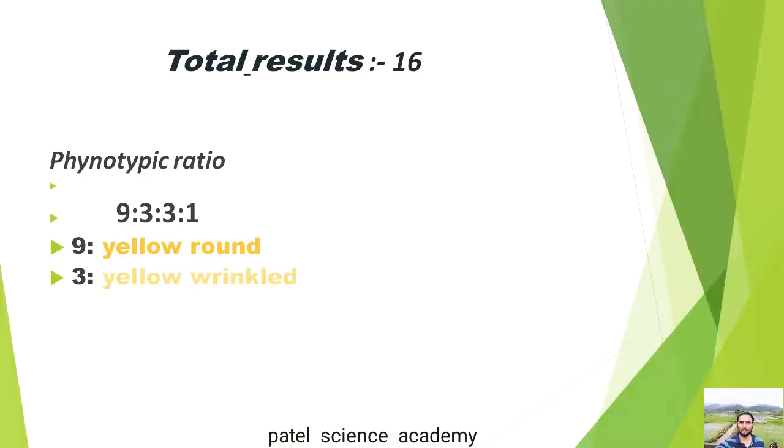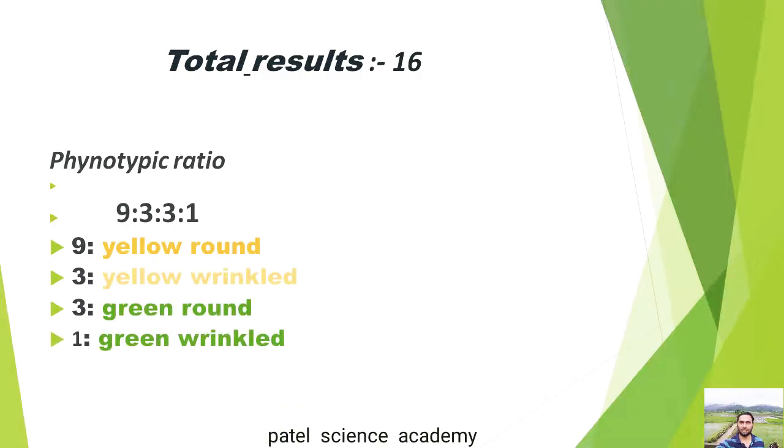Yellow color was in the parent, yellow color was with the round shape, but according to this law, one of the pair is not dependent on its other allele, they independently assort from each other. Third one is the green round, which is one of the parents, and fourth one is green wrinkled.